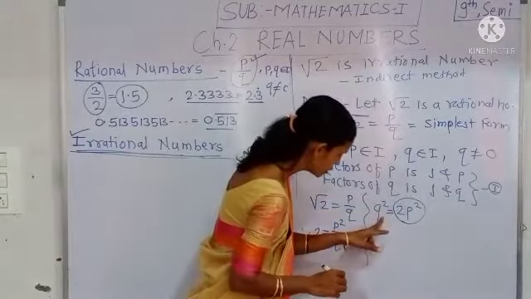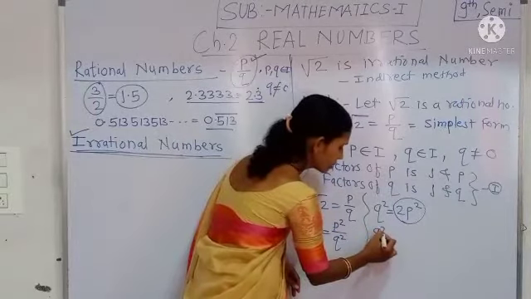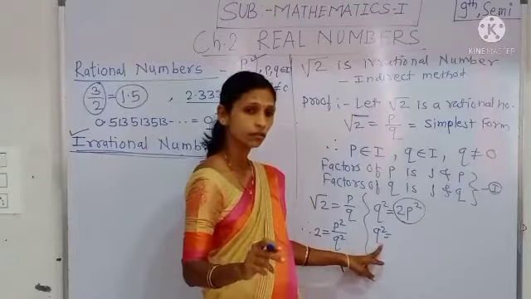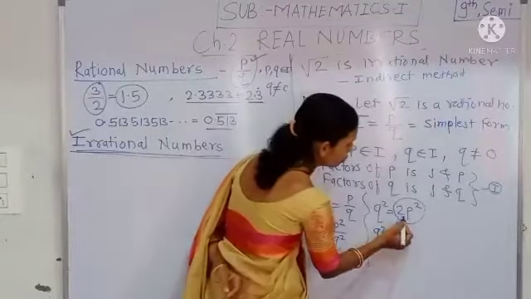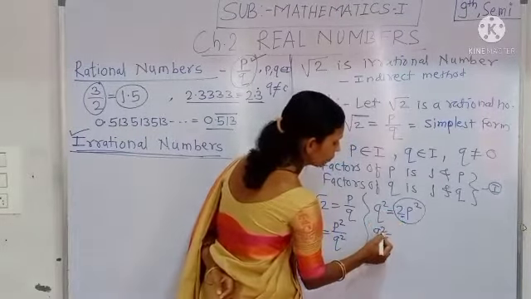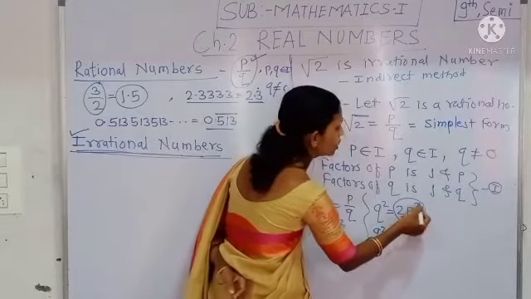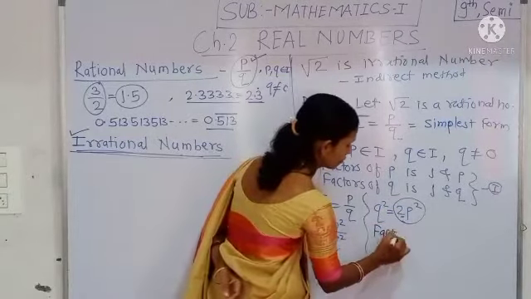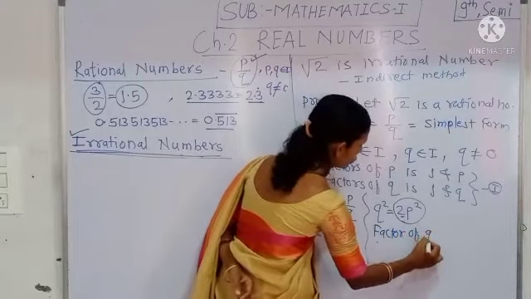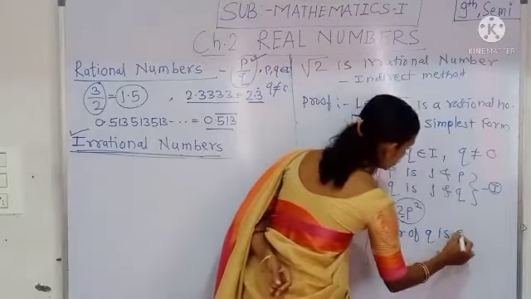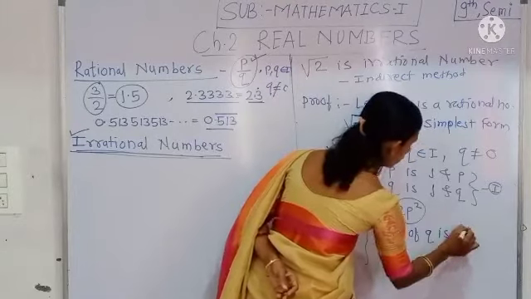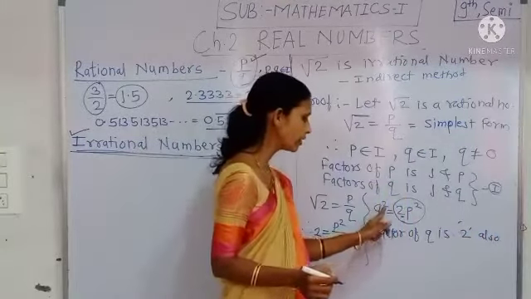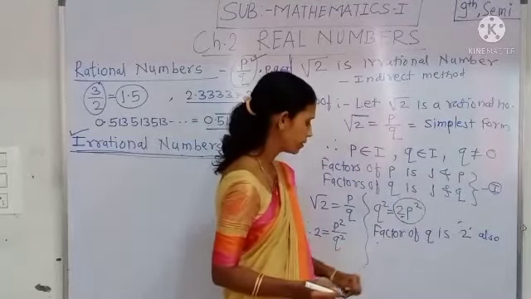That means here Q square is a multiple of 2. That means the value of Q square is 2 into P square, so a factor of Q square is 2, because here the value of Q square is 2 into P square.